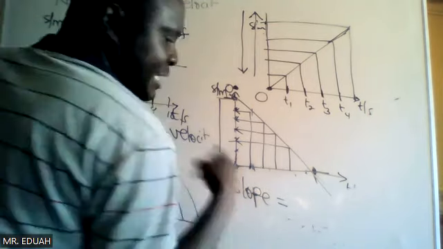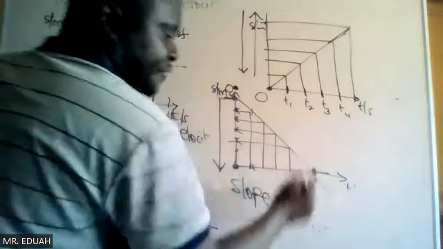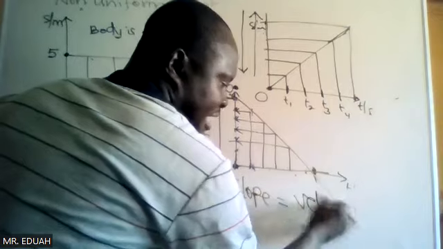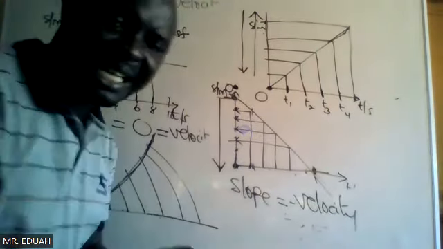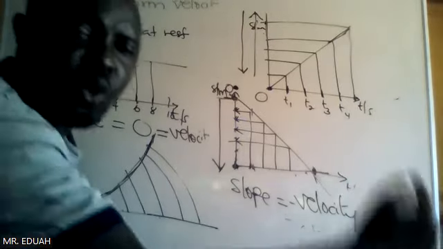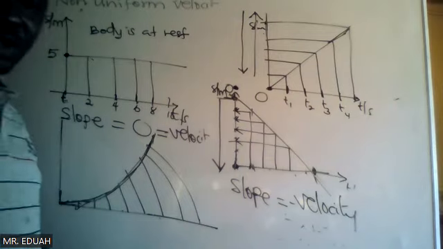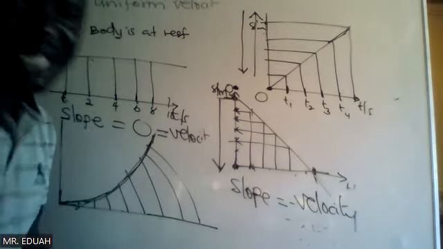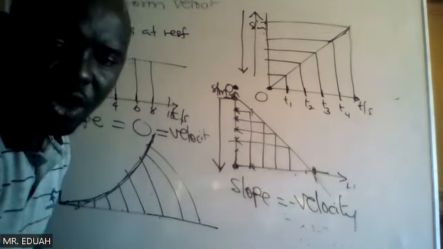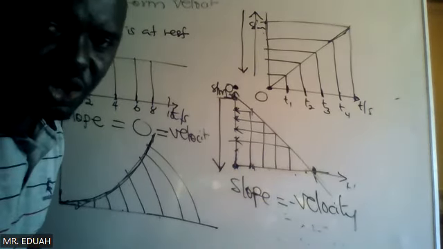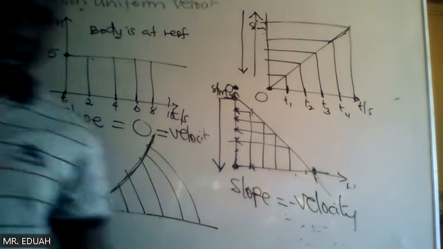So the slope for a displacement time graph is the speed or velocity. And when the velocity is negative, all that it means is that the body is moving towards the starting position or point. So the negative only implies that the displacement of the body is towards the starting point, the origin. That's all that I'm saying.